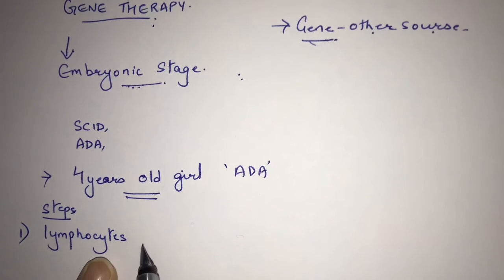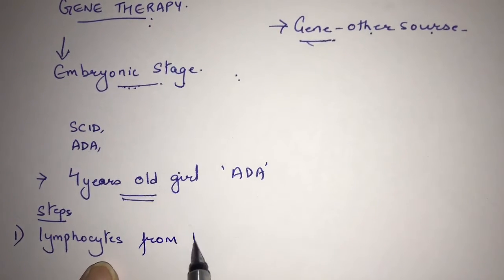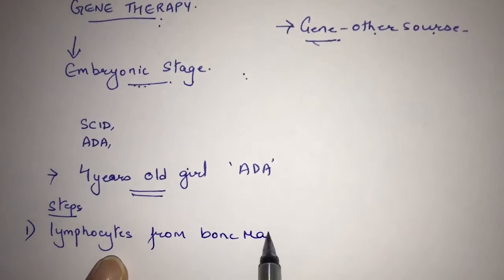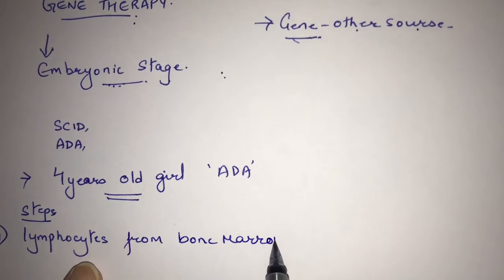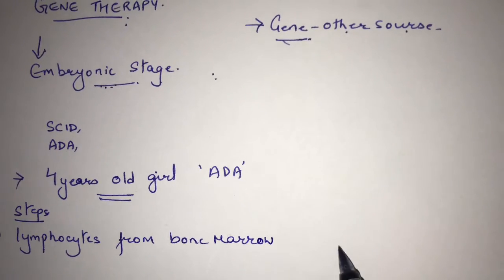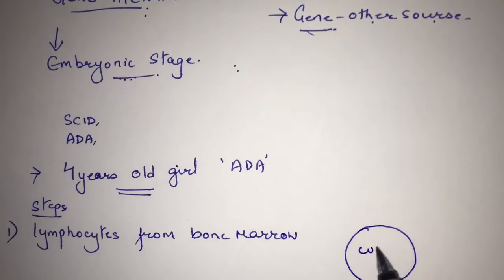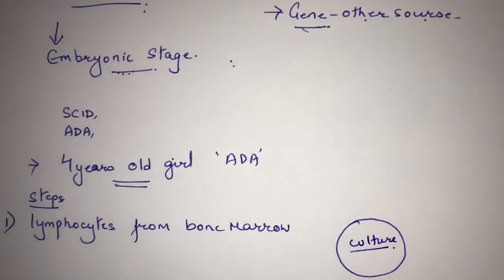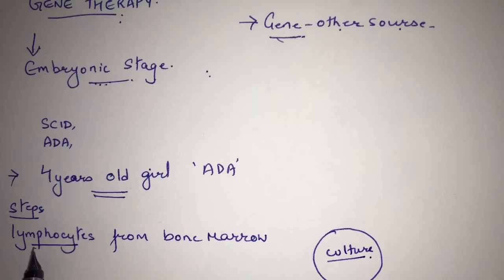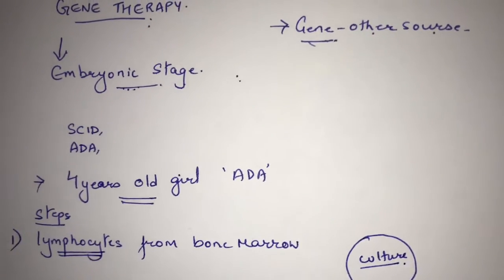So the lymphocytes from the bone marrow of a patient were grown in a culture medium. You know that this lymphocyte has one defective gene.